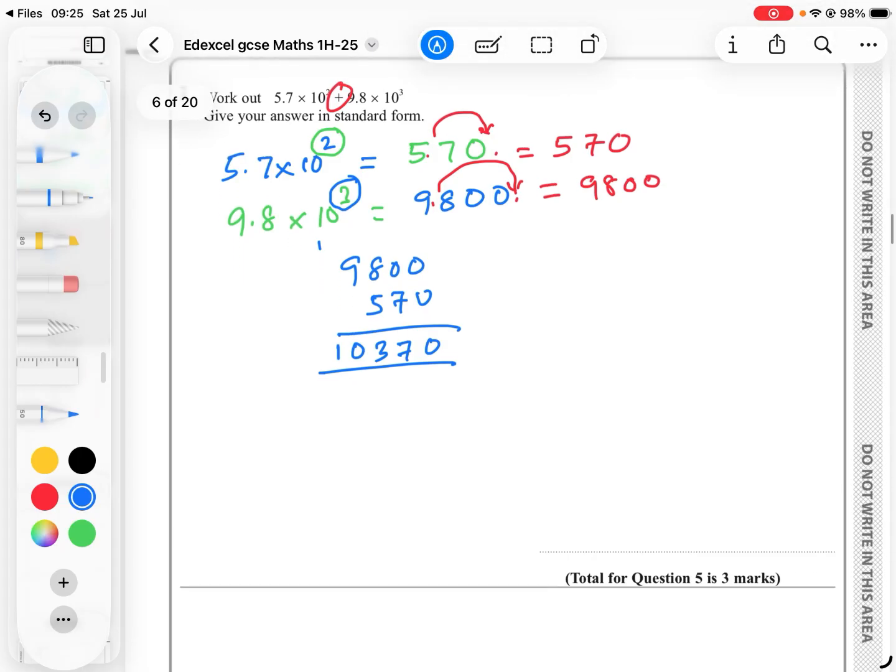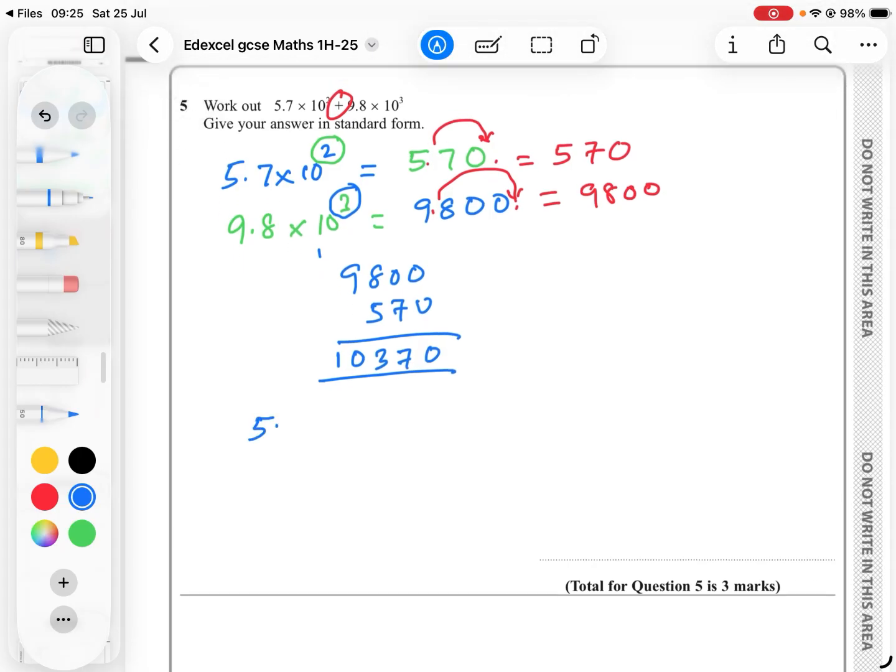So the answer is 5.7 times 10 to the power 2 plus 9.8 times 10 to the power 3, which equals 570 plus 9,800. If you add them, you get the ordinary number. The ordinary number is 10,370. But your answer must be in standard form.